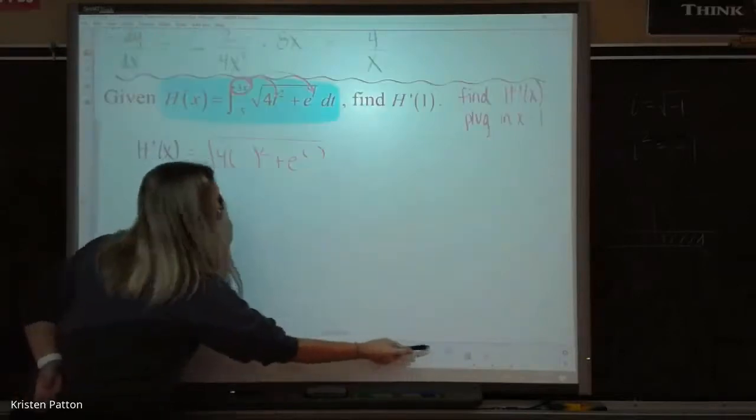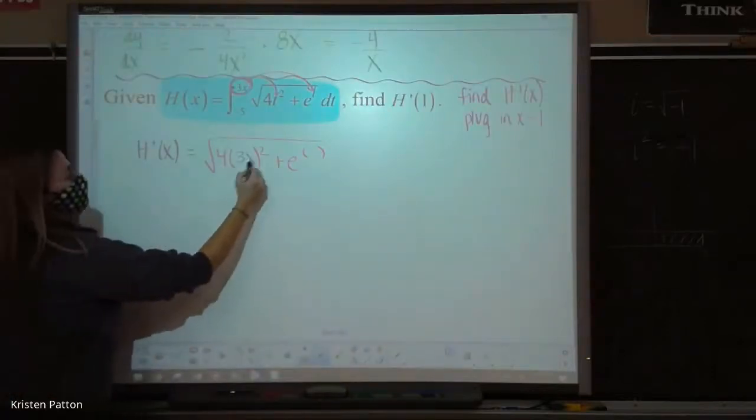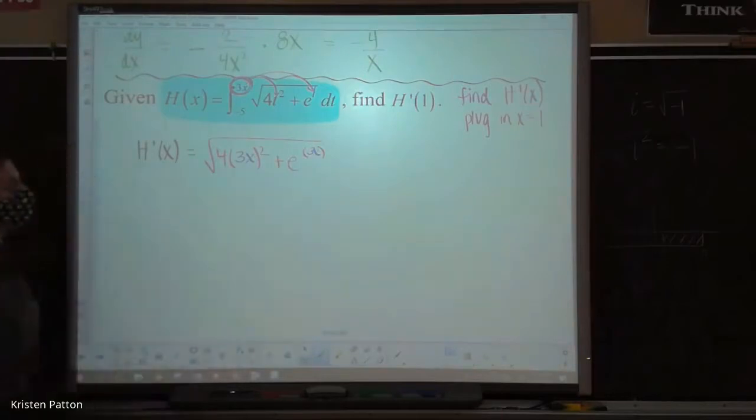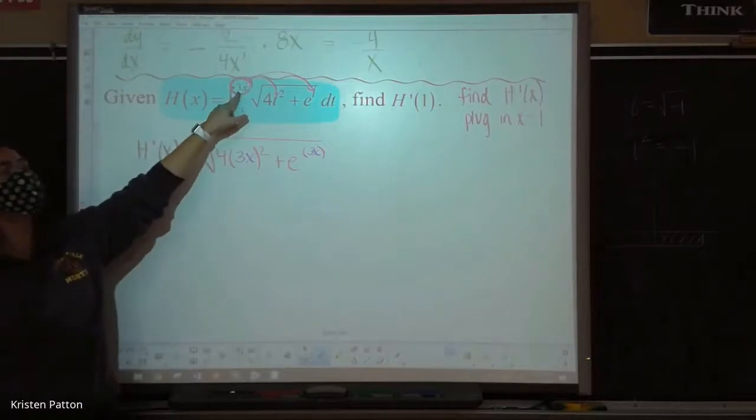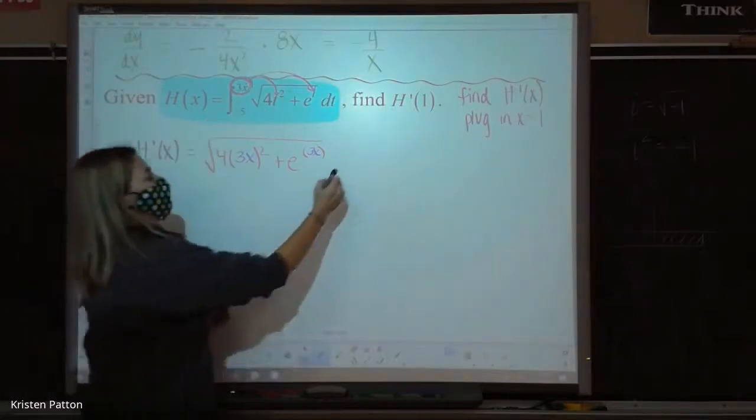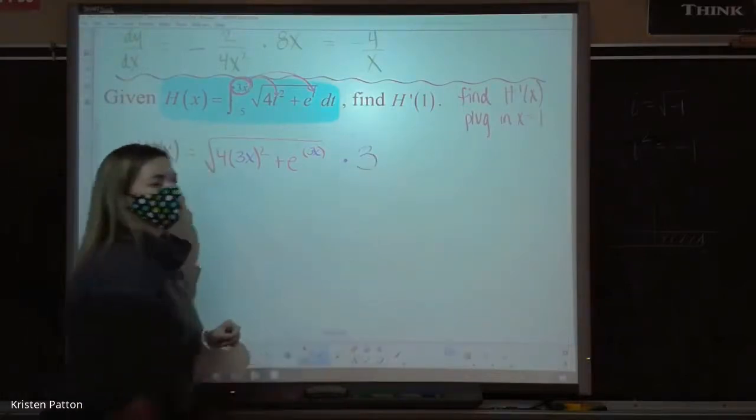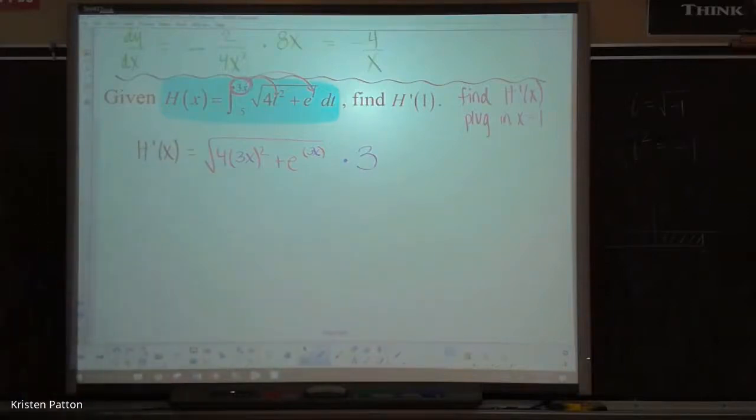So I'm going to go plug in a 3x for every t. The chain rule says multiply that by the derivative of the upper bound, which is 3 again. This is my derivative. I know it doesn't look great. We can clean it up, but this is h prime of x.